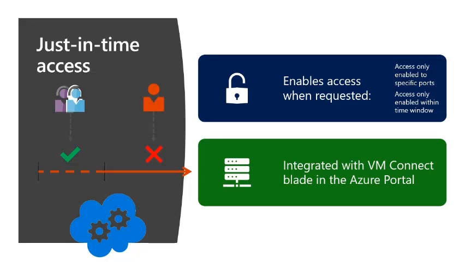After that time expires, Security Center restores the NSGs to their previous states. However, Security Center won't interrupt established connections. So if you have already established connections, they won't be tampered with, but you won't be allowed new connections.